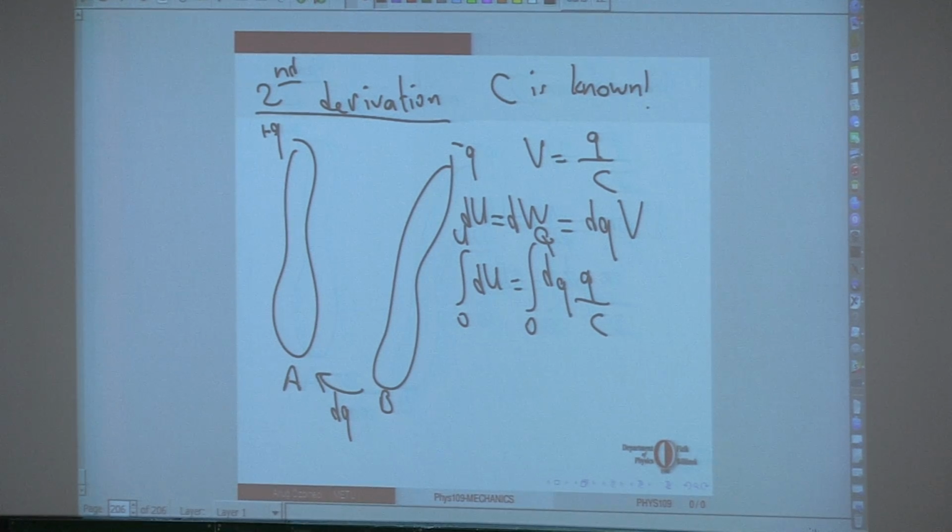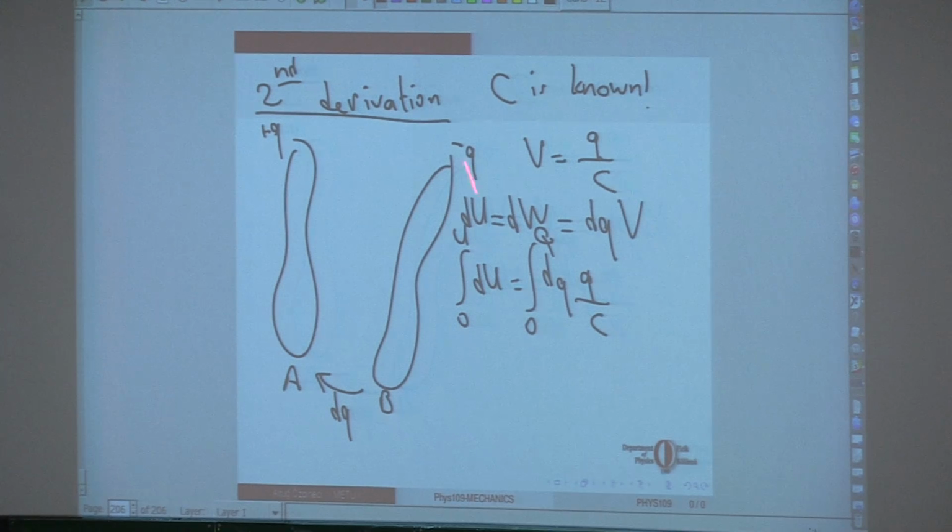I hold this charge dQ and move it in this direction, so the displacement of the charge and the force that I exert are in the same direction. Of course, the electric field exerts a force in the opposite direction. So I am doing positive work, but the electric field is doing negative work on this charge.